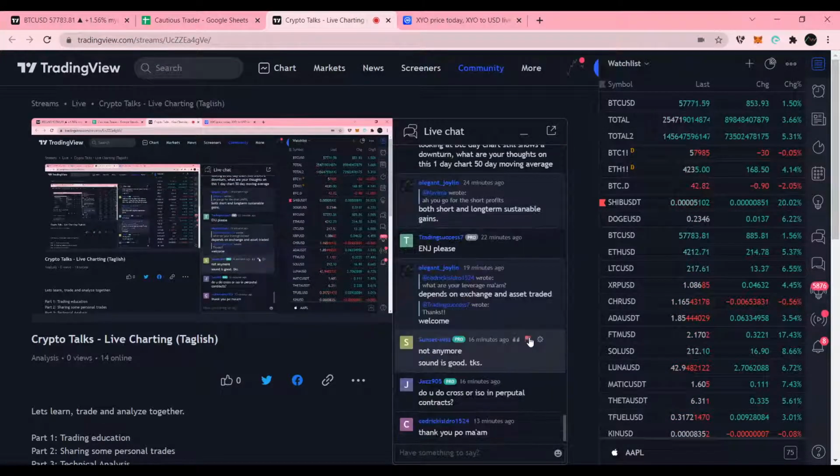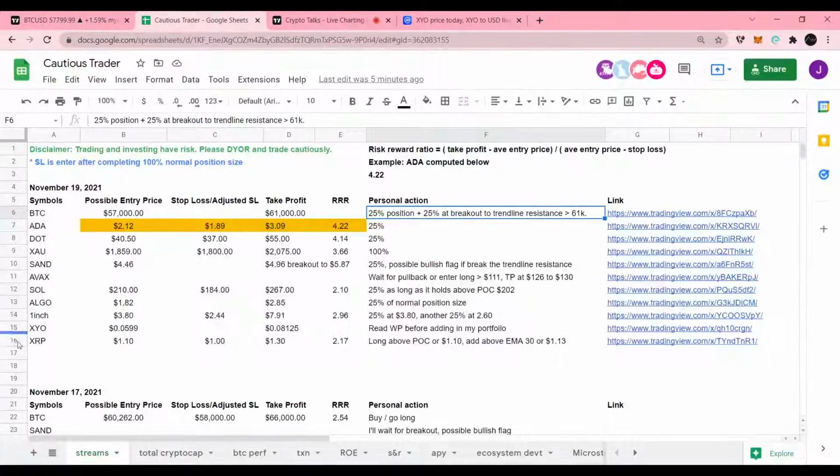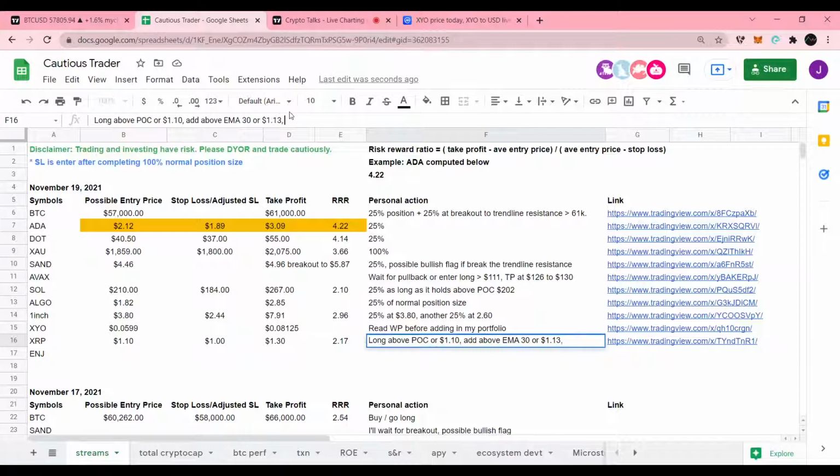ENJ, Enjin. So Enjin, let's add Enjin here. So this one is my personal long-term hold at a $5 target.